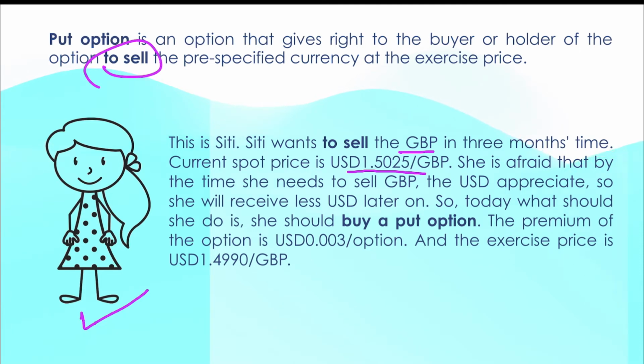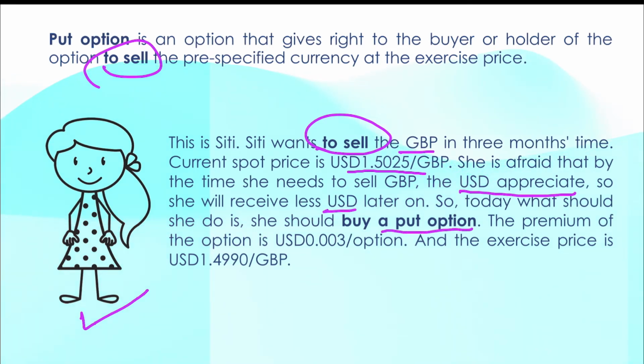She is afraid that by the time she needs to sell GBP, the USD will appreciate. So she will receive less USD. So today, what she should do is buy a put option.